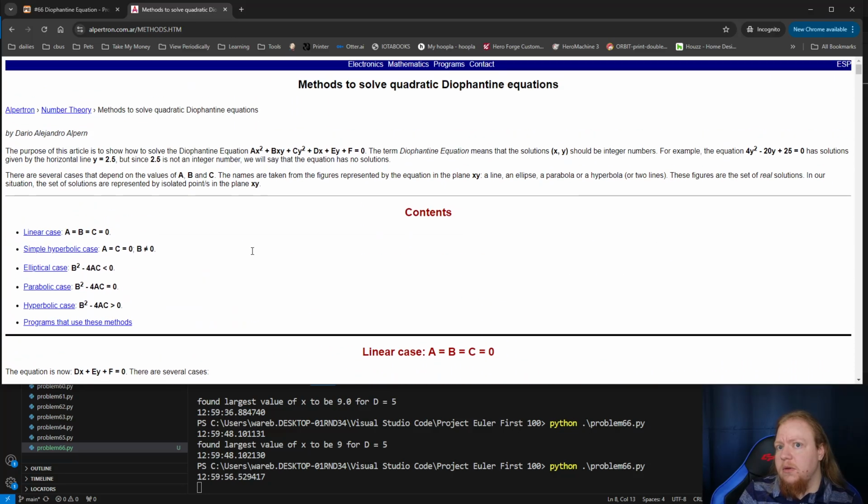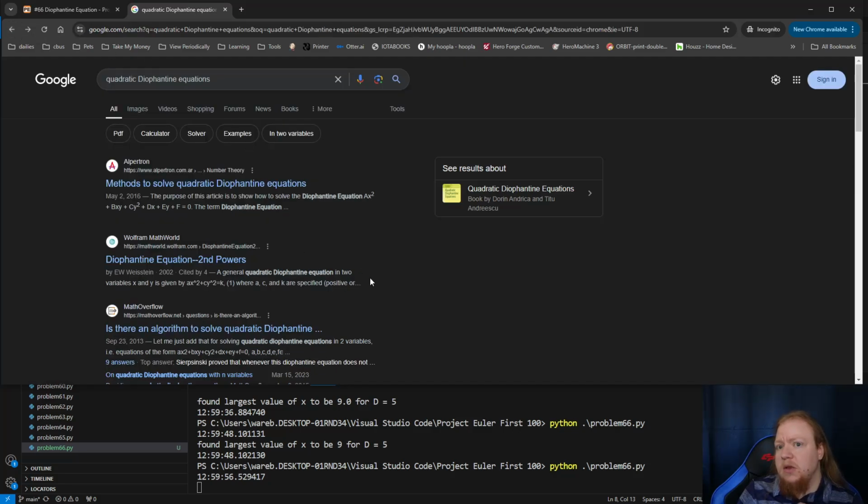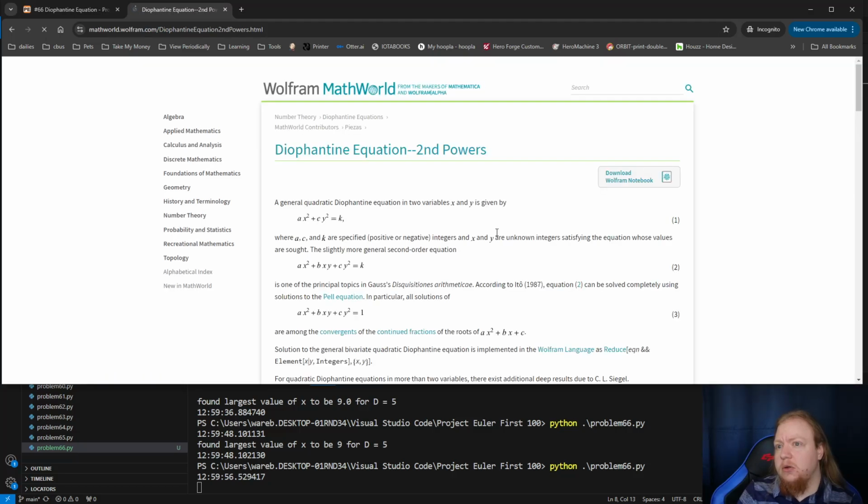Okay, this isn't... Okay, so they've apparently changed what these equations are. Okay, so this is talking about these two different equations.